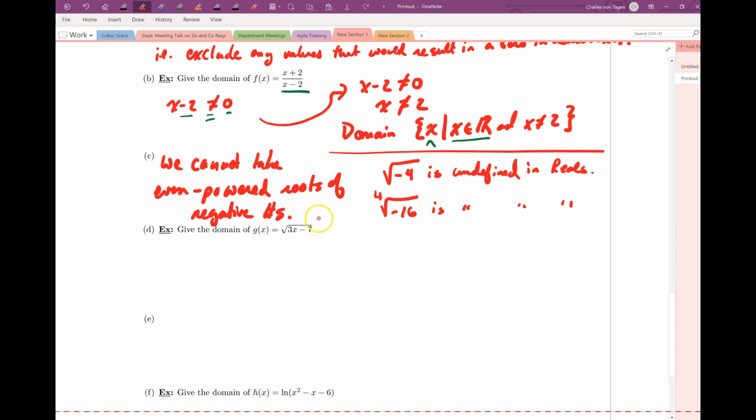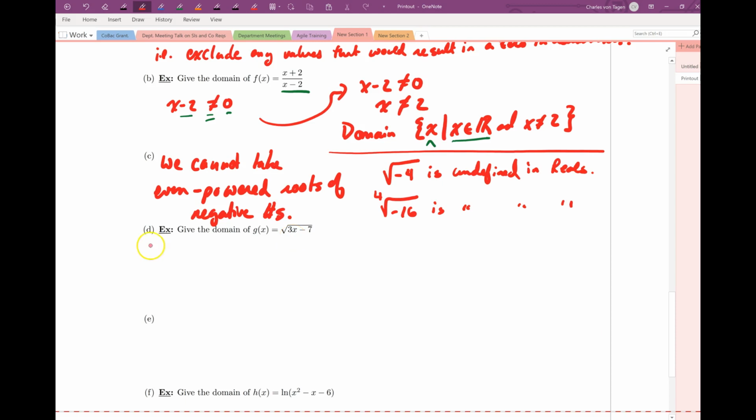So a lot of times people might take one of these problems and they might just try to guess what the domain is, sort of through a guess and test technique to determine what they need to make sure x isn't, so that the radicand, the expression underneath the radical sign, doesn't come out to be negative. But here's a sophisticated way, the correct way of determining what the domain of this is.